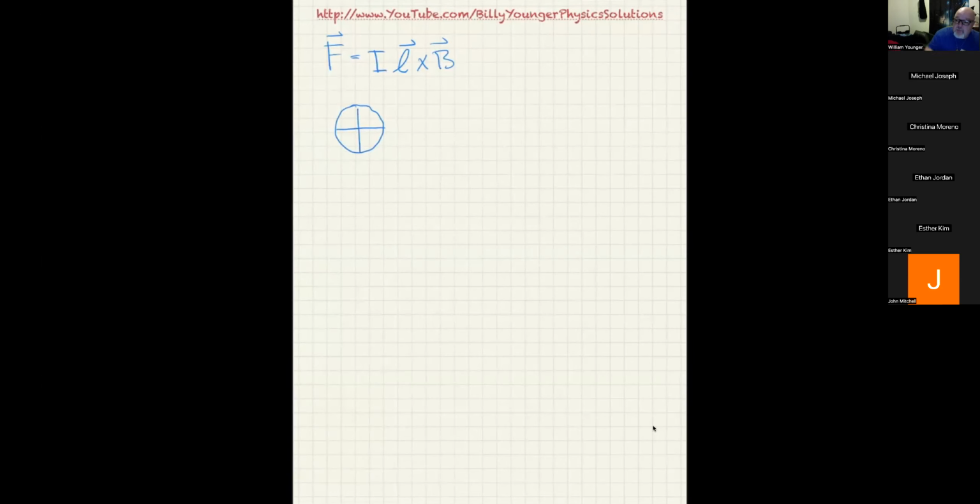According to the right-hand rule, I stick my right thumb into the page and then my right fingers curl around in such a way that the magnetic field right here points that way. Right here, the magnetic field points this way. Right here, this way. And right here, that way.